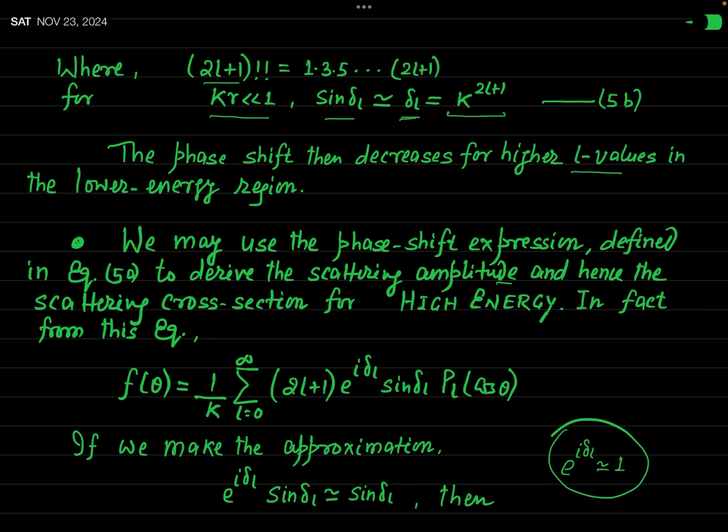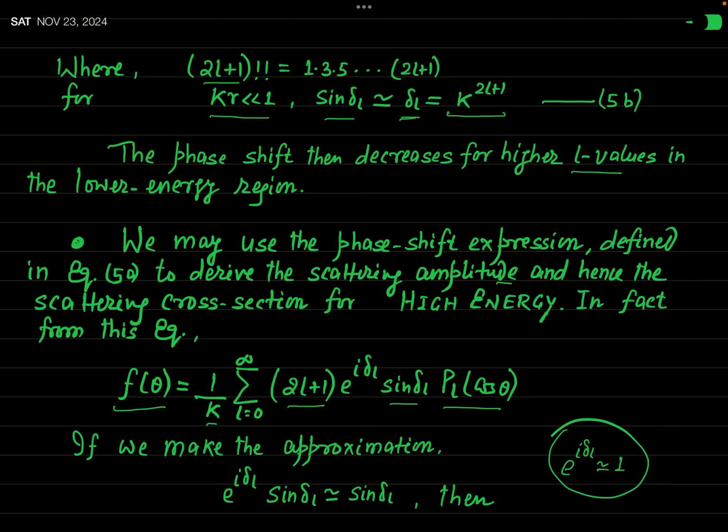We can find it. How it is possible, let us see. In general, f of theta is equal to 1 over k, summation over L, (2L+1) e to the power i delta L times sine delta L times P_L of cos theta. This is the well-known result.